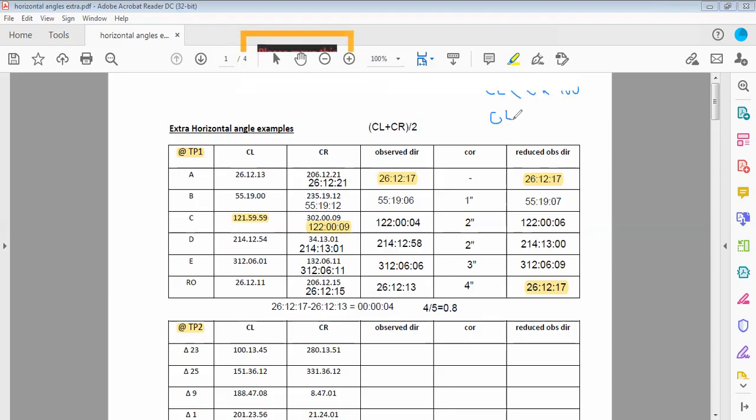But if CL is more than CR, we're going to add 180 degrees. So just write this down as a side note, and then you just try to memorize it. Is that fine?